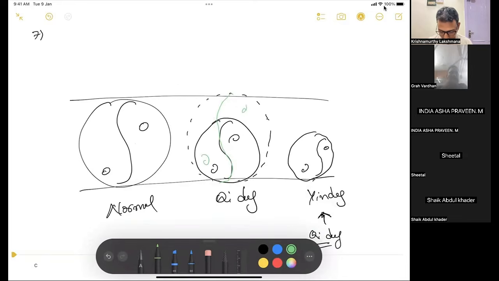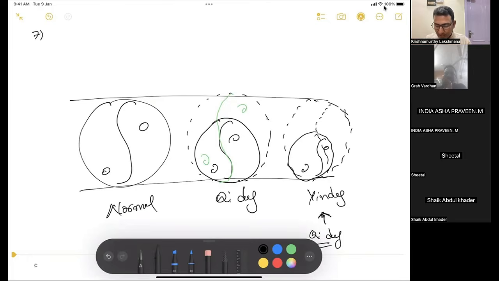But when somebody is in Yin deficiency and then you try to increase Qi, it will try to increase in the same ratio. So what will happen to the imbalance level? The imbalance will also increase, right?